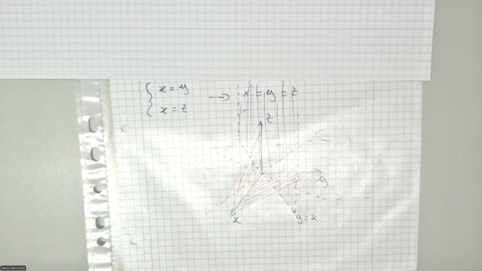I don't know if this could be seen. Let me try to explain this a little bit better. Think about, for each set, is it clear?